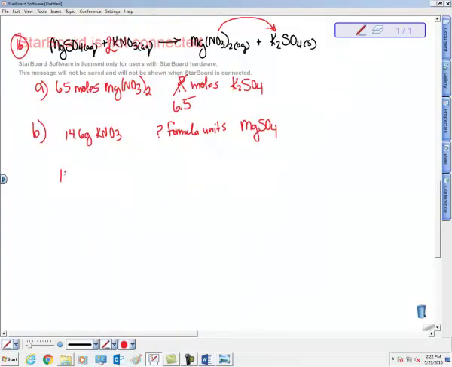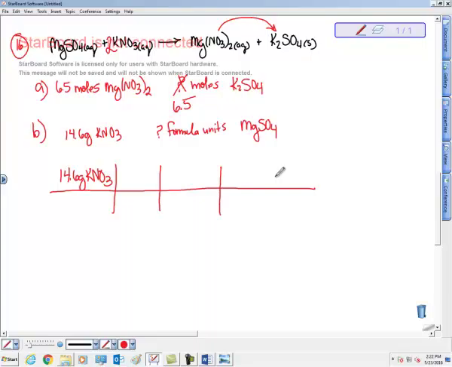Alright, so we're going to start with the 14.6 grams KNO3. And guys, a traditional stoichiometry problem has a certain number of steps. You'll be changing the mass to moles, you'll be doing a mole-to-mole ratio, and then you'll be ending with formula units, which is the use of Avogadro's number. This is a traditional stoichiometry problem right here.